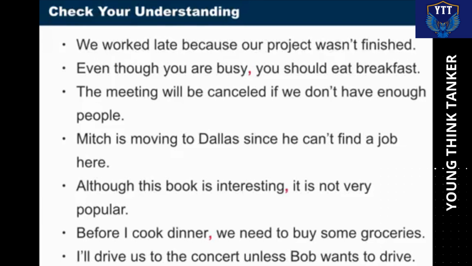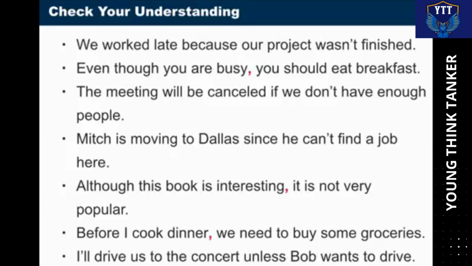Now we need a comma. In the third sentence, we started with the independent clause, and our dependent clause starts with if. That's in the middle of the sentence, so we don't put a comma. On the next one, we started with the independent clause again. Our dependent clause connector was since, and that's in the middle of the sentence, so there's no comma.